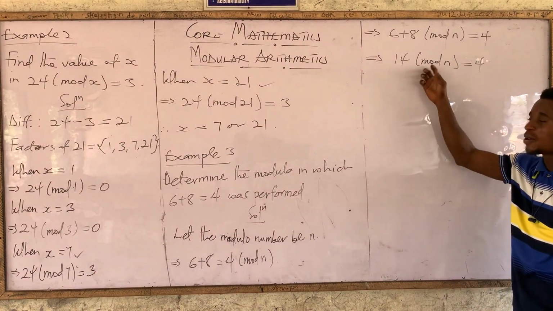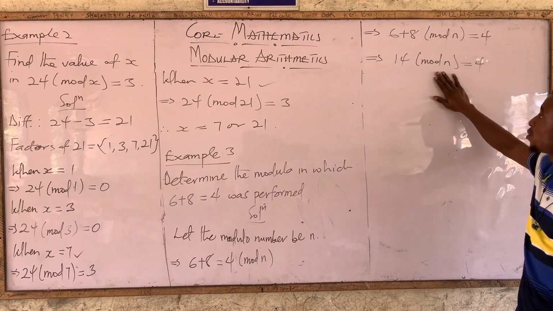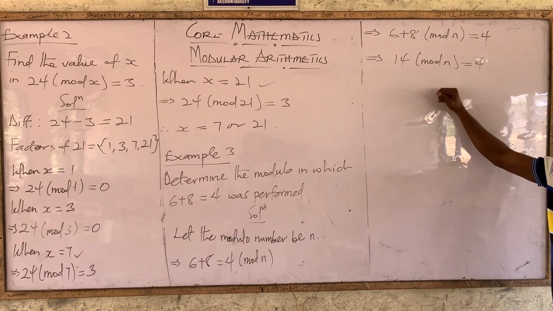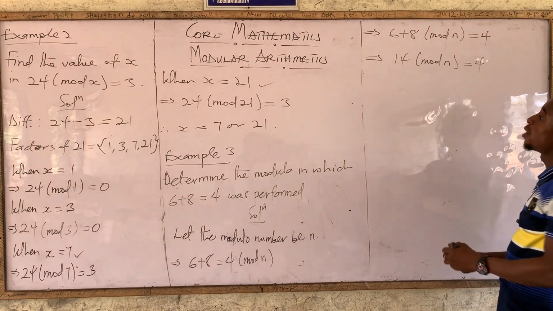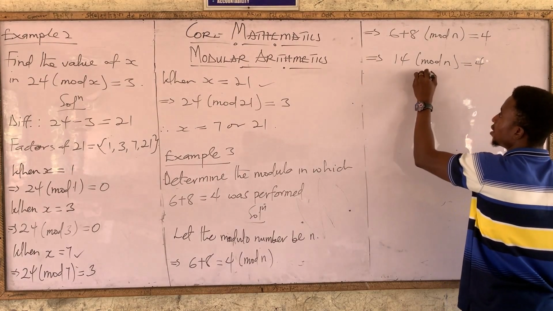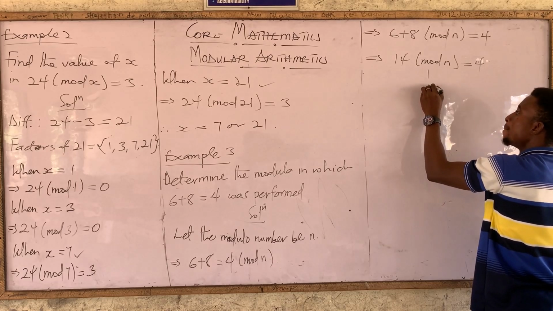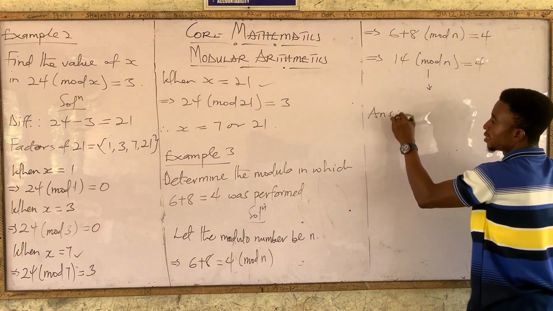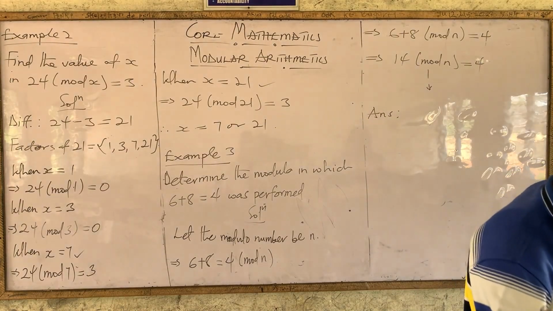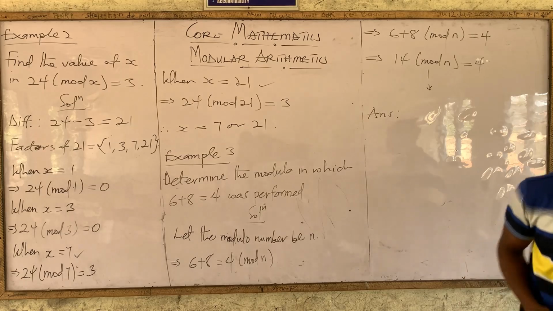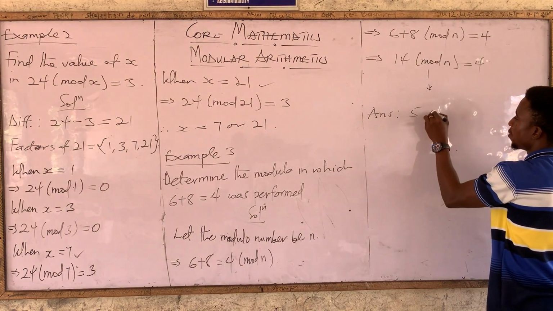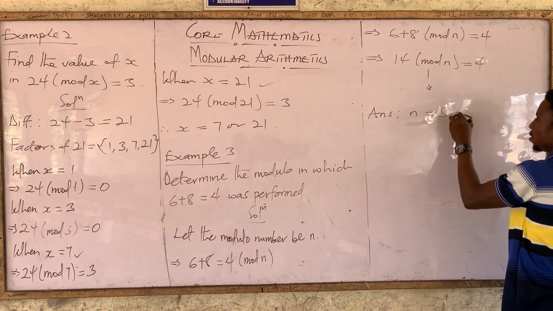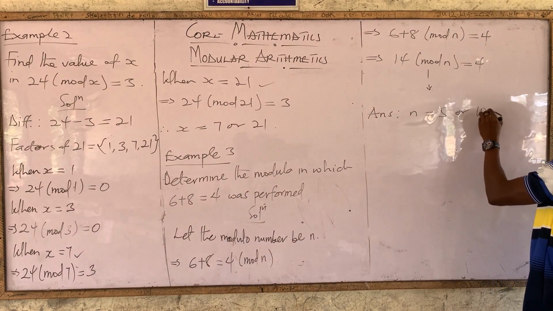Now here I will solve. So you have to find the value or values of n. After solving, you are going to get an answer: n is equal to 5 or 10.